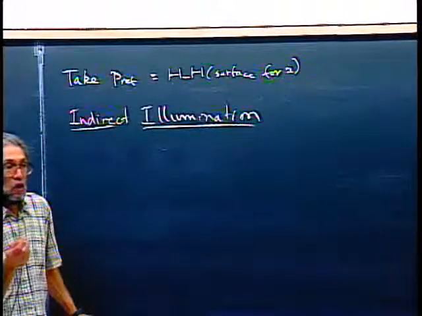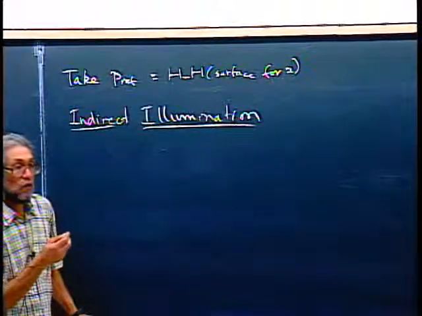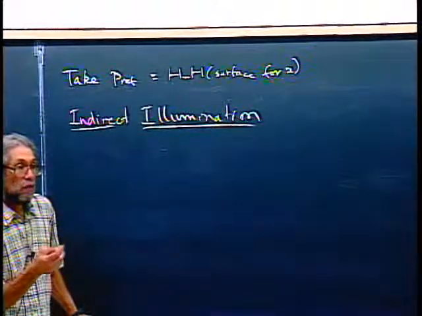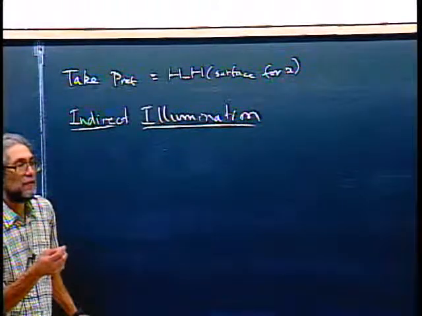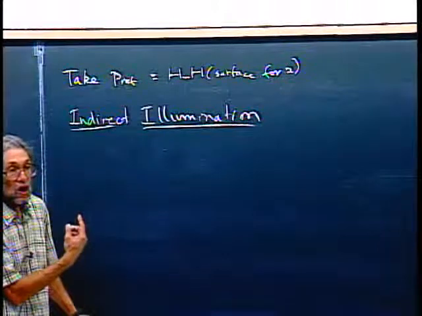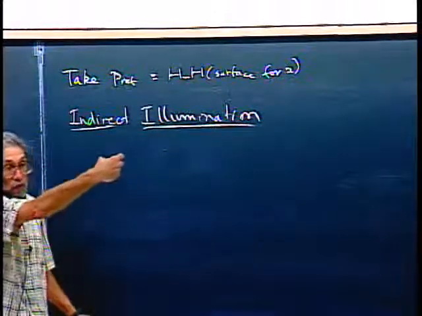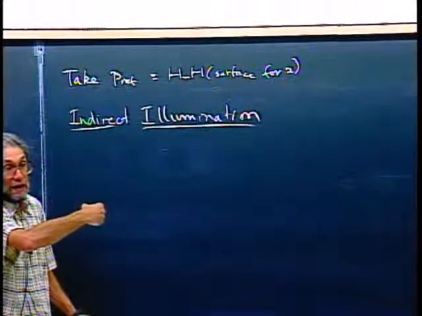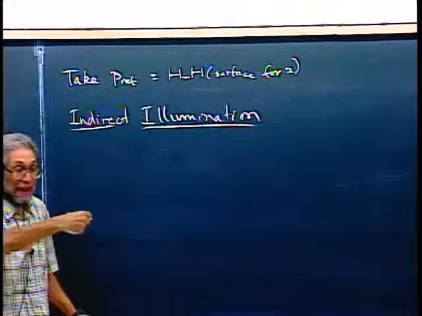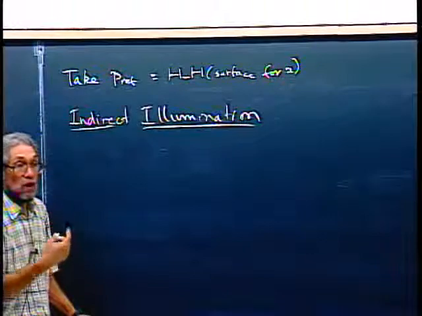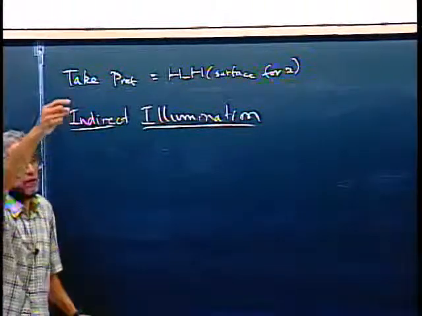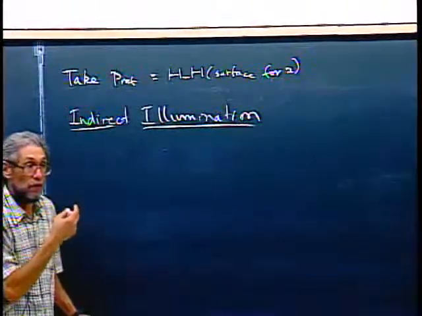It's the flux that's reflected from a surface. Yeah, it's the flux coming off of the surface that comes from flux coming in, but we separated that flux coming in into two components: flux that was reflected off of a surface and flux that was emitted off of a surface.